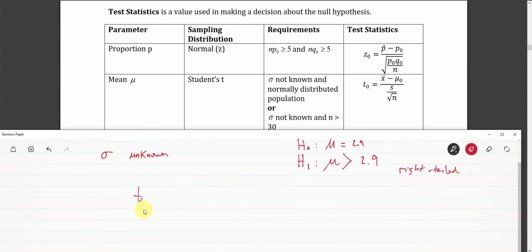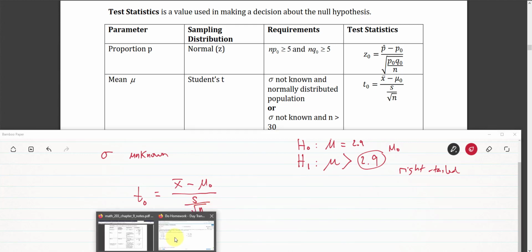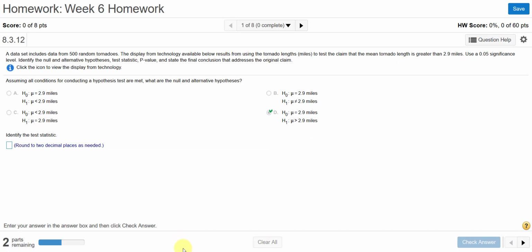So the test statistic is x bar, the sample mean, minus mu naught, which is this value right here, 2.9, divided by s, the sample standard deviation, all over the square root of n. N is the sample size. Okay, so let's go back to the problem.